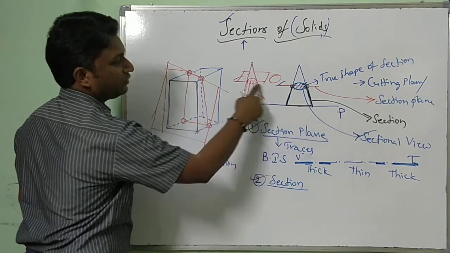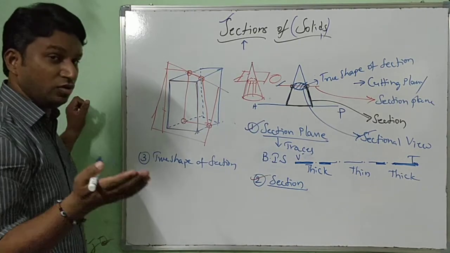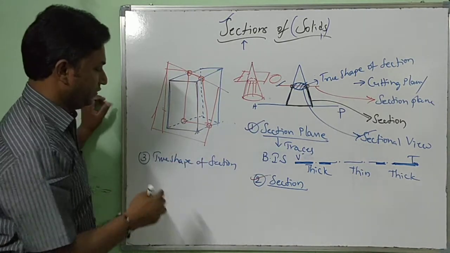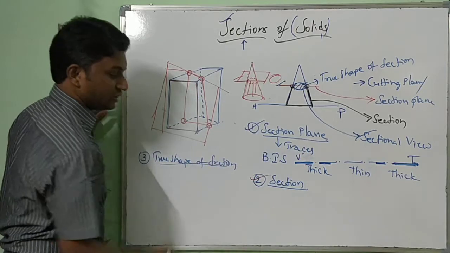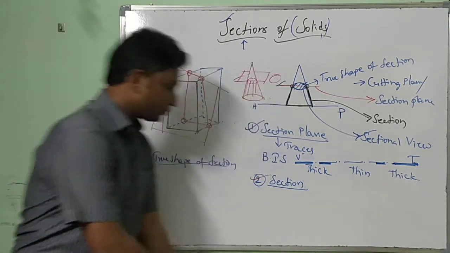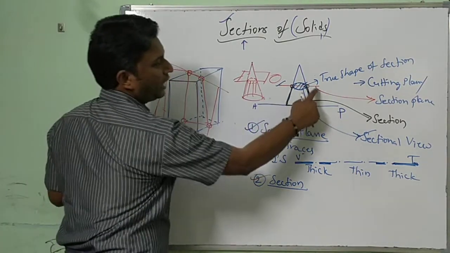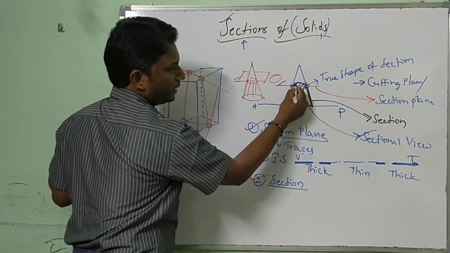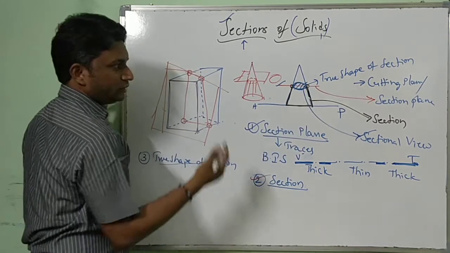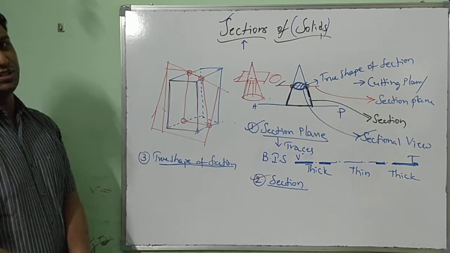This circle is the sectional view; the entire view after cutting is called the sectional view. How will you get the true shape of the section? True shape is what you see when I have removed this particular area. The small circle is called the true shape of the section.